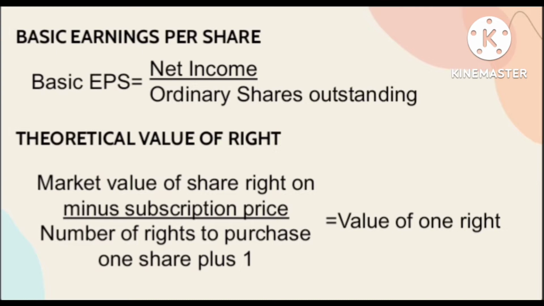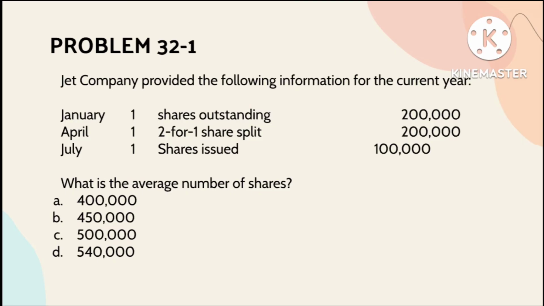Let us all remember that the net income mentioned earlier is the net income after tax, while the formula of the theoretical value of right is market value of share right on minus subscription price over number of rights to purchase one share plus one.